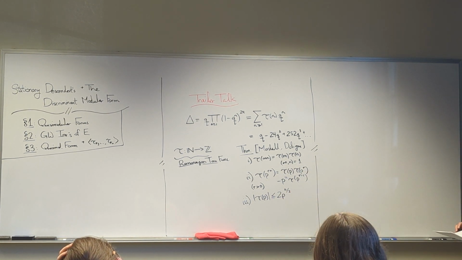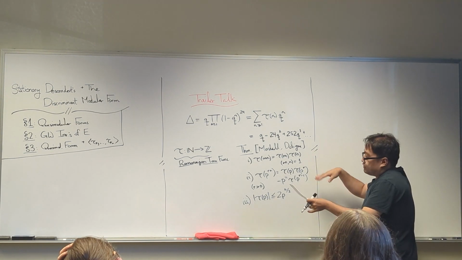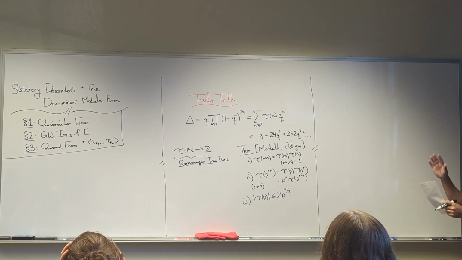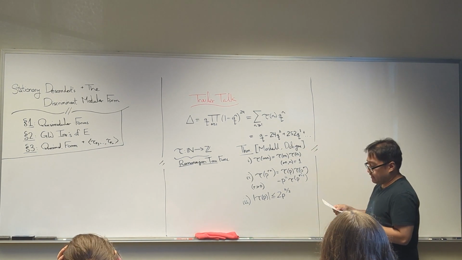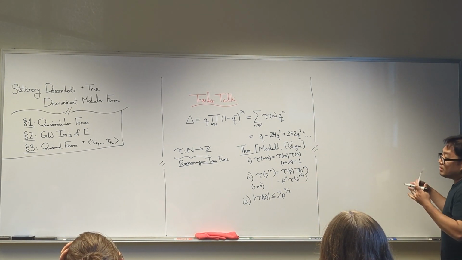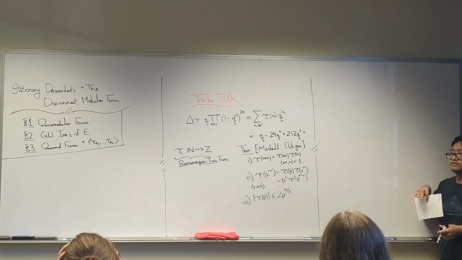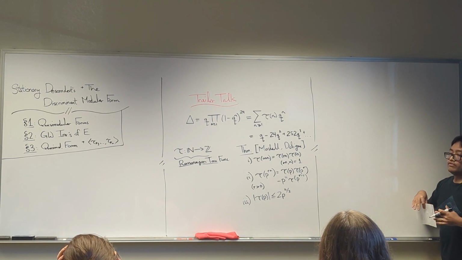So this Ramanujan tau function is really interesting because it has these nice properties, but even more than that, there's a very basic open question about it: we don't know if it never vanishes.